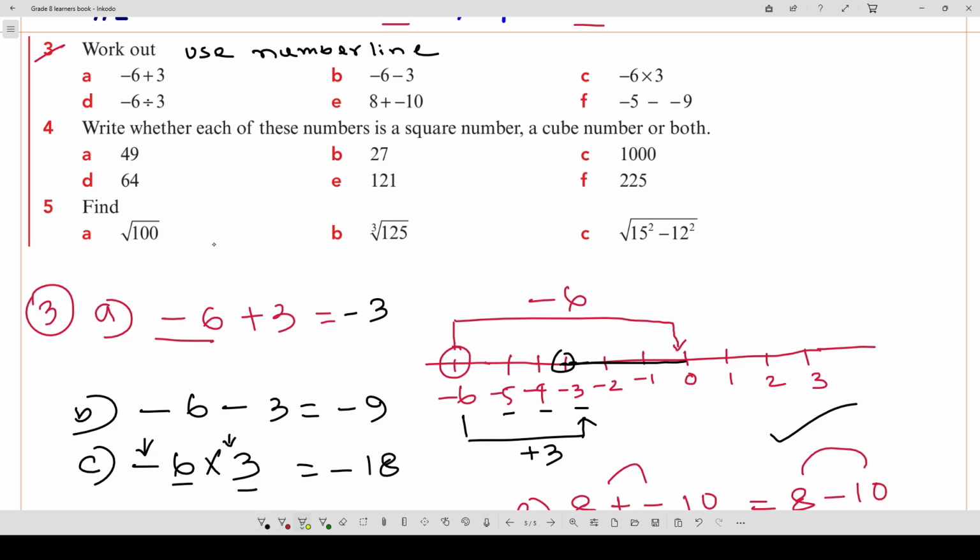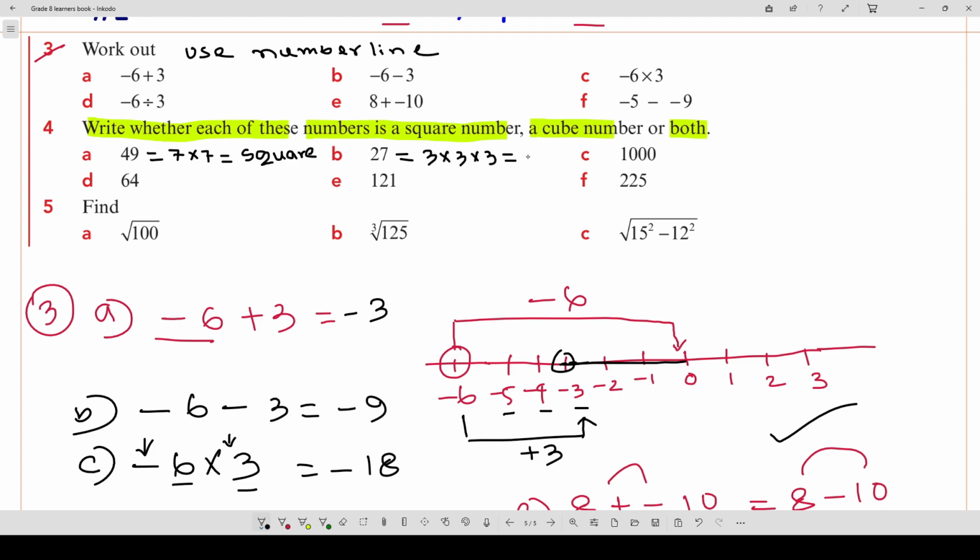Number 4, write whether each of these numbers is a square number, a cube number, or both. First, number A, 49. 49 we can write as 7 times 7. It means this is a square, right? Next, this 27, we can write 3 times 3 times 3.